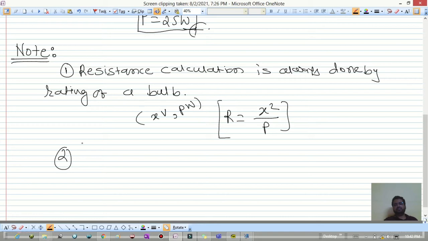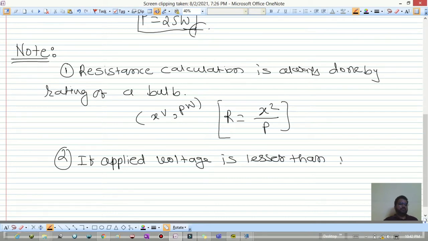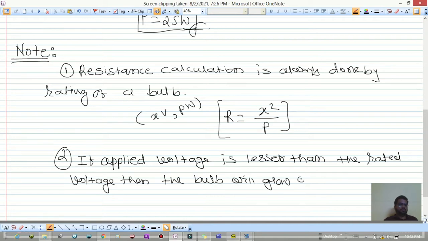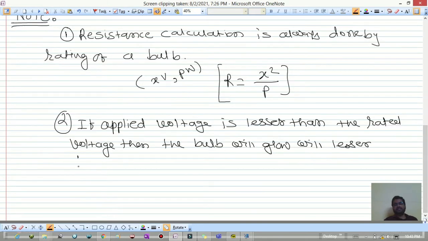Second one, if the applied voltage is lesser than the rated voltage, then the bulb will glow with lesser brightness.